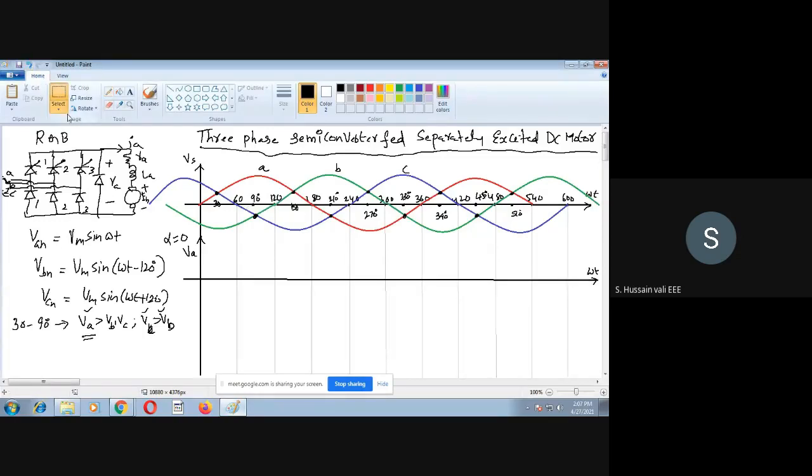Rather than writing like this, I will write this sequence in the descending order: VA greater than VC greater than VB. So the highest is VA, whereas the lowest is VB.